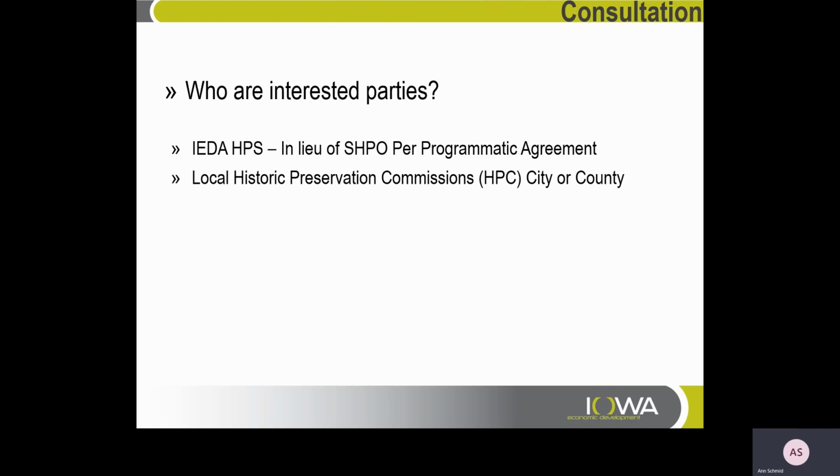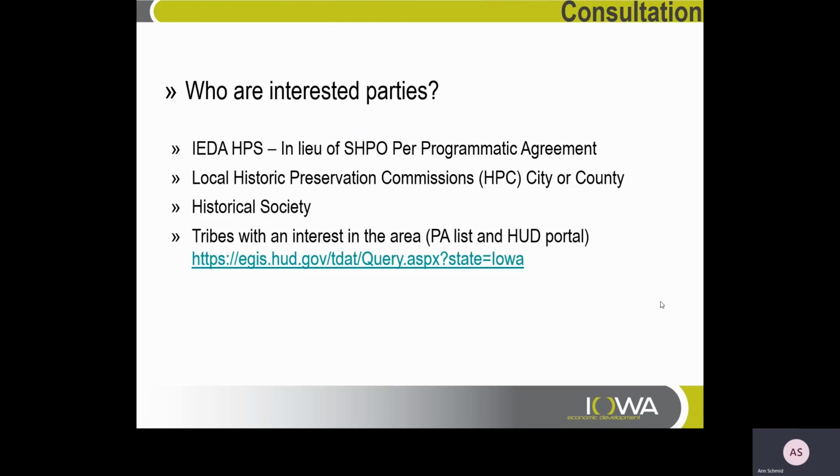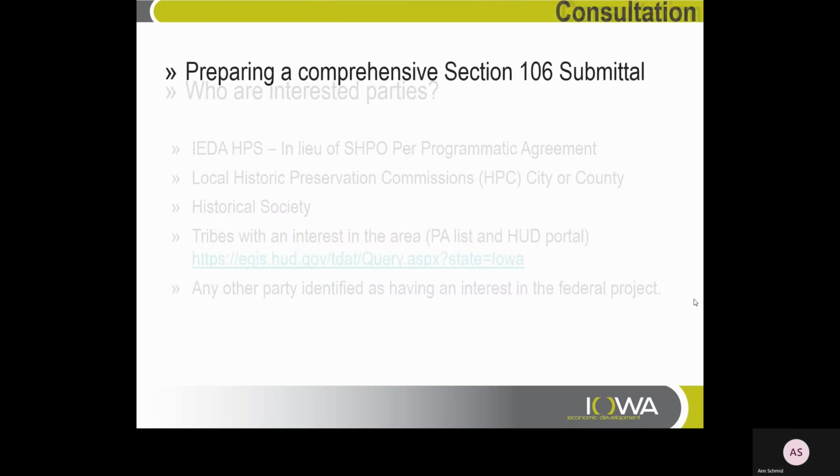We also encourage consultation with local historic preservation commissions in the city or county where your project may be located, local historical societies, tribes with an interest in the area as found through the HUD portal, particularly for projects that have ground disturbance associated with them, and any other party identified as having an interest in that federal project.